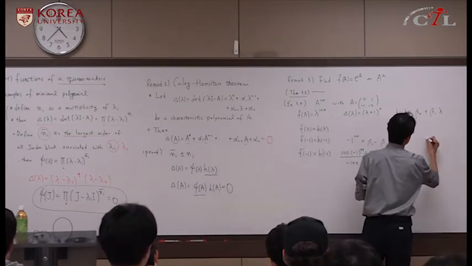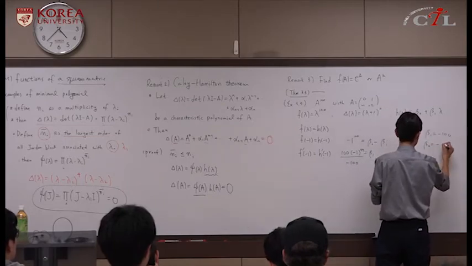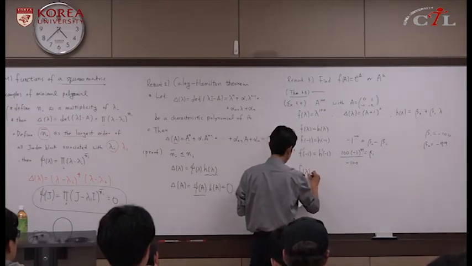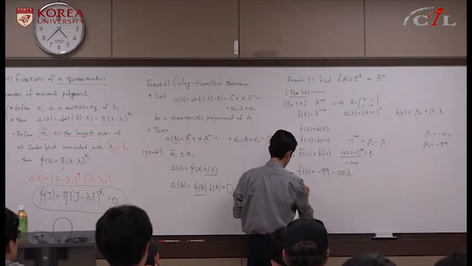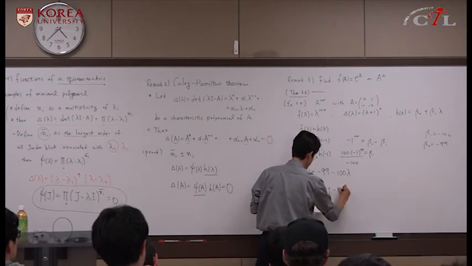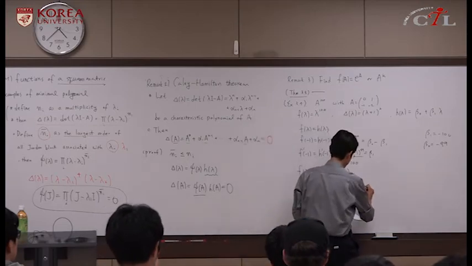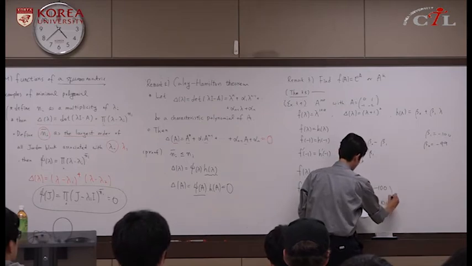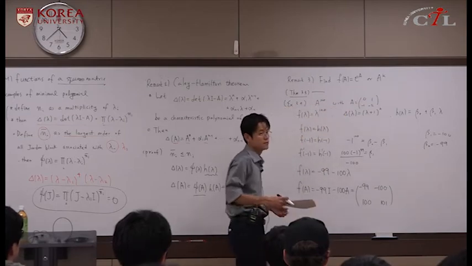So beta 1 is minus 100, and beta 0 is minus 99. So f(lambda) can be written as minus 99 minus 100 lambda. So f(A) can be written as minus 99 identity minus 100 A. If we calculate it, this is A^100 given this.